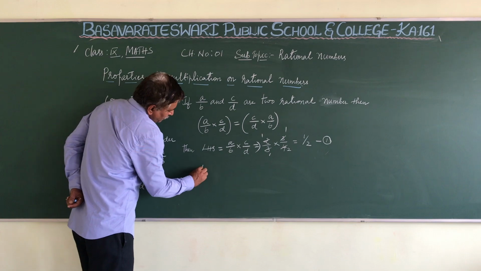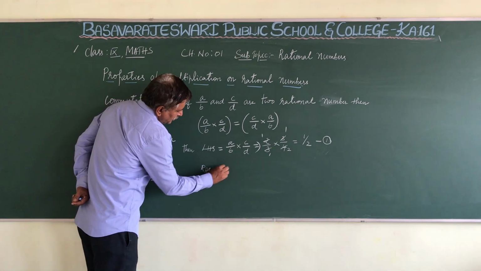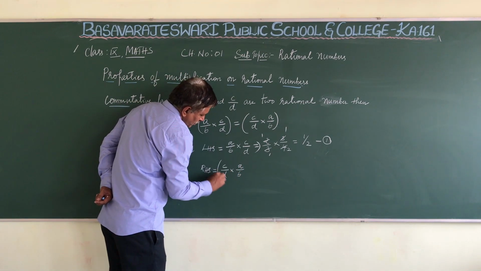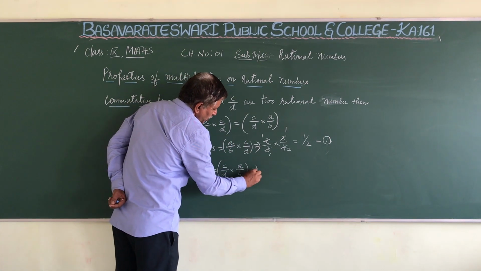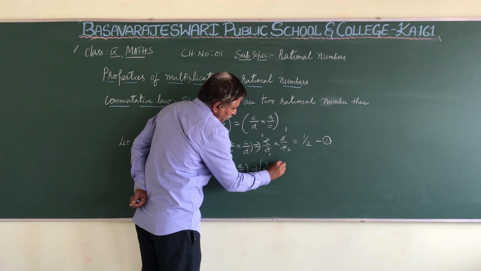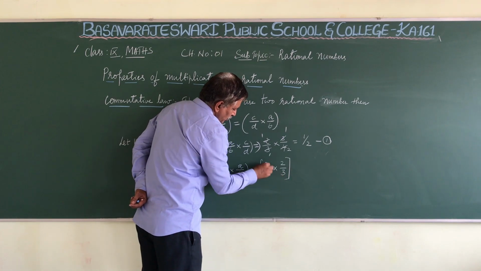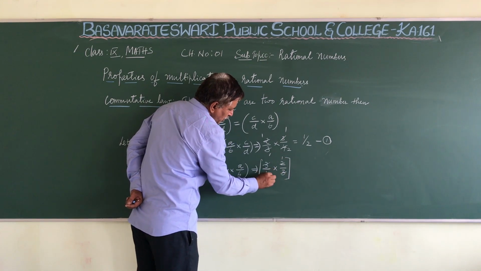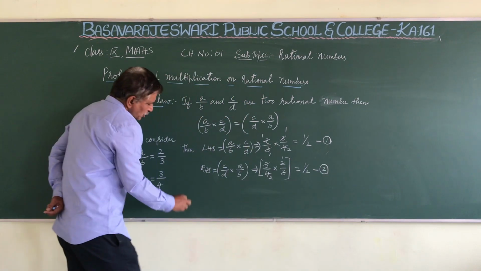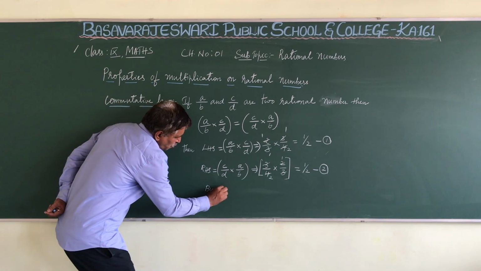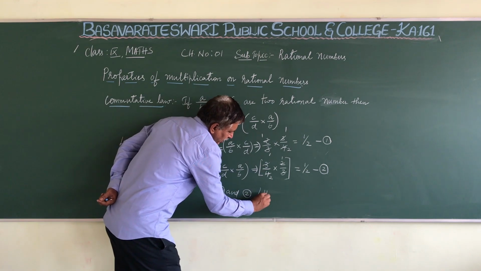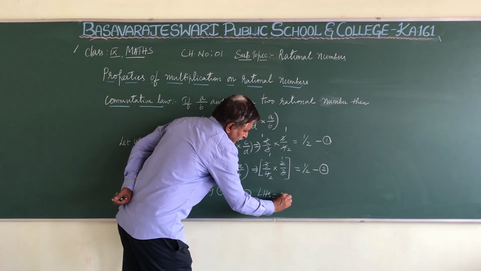Then right hand side, that is C by D into A by B. Right? So this implies what? What is C by D? That is 3 by 4 into A by B, 2 by 3. So the 3s get cancelled, 2 ones are 2, 2 twos are 4, which is equal to 1 by 2. Let it be equation 2. So by 1 and 2, left hand side is equal to right hand side.